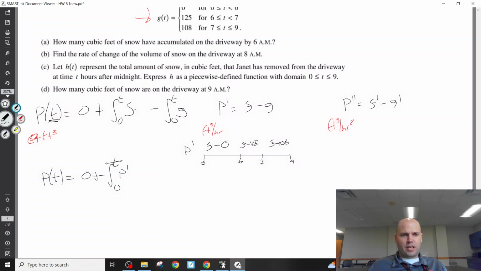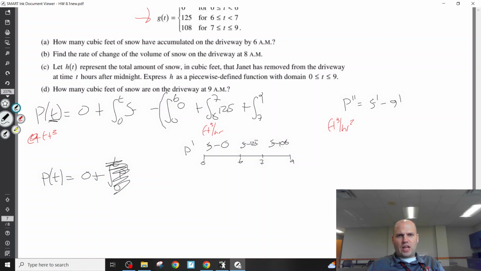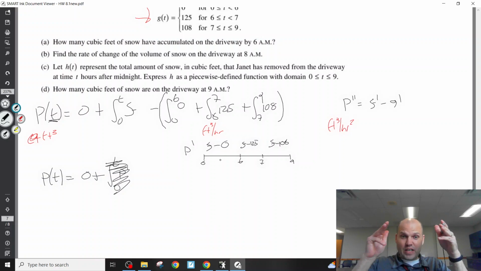So I honestly am not going to use this, and I'm going to think about understanding that from 0 to 6, I have 0. From 6 to 7, I have 125. From 7 to 9, I have 108. This is my total out, keeping them as separate intervals. If I'm evaluating increasing or decreasing, we're going to have to look at 3 different graphs on 3 different intervals.